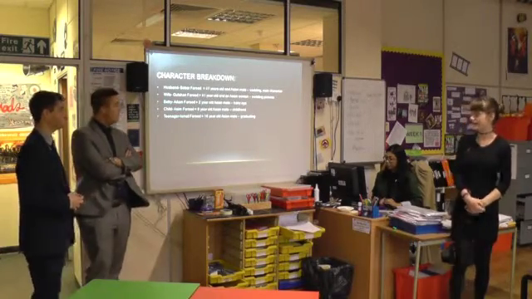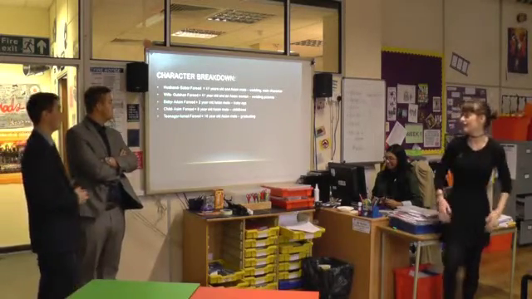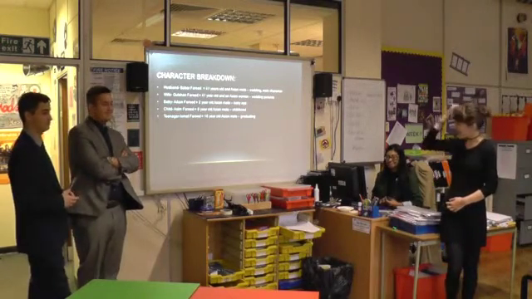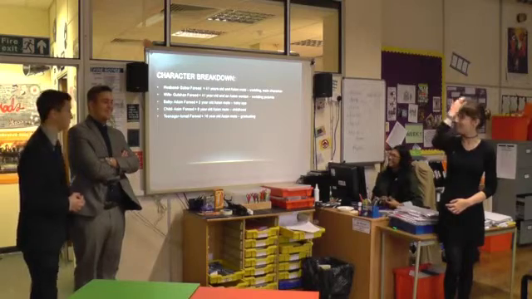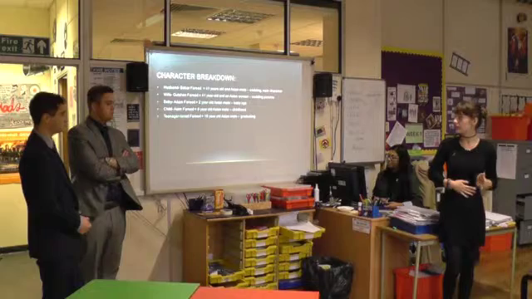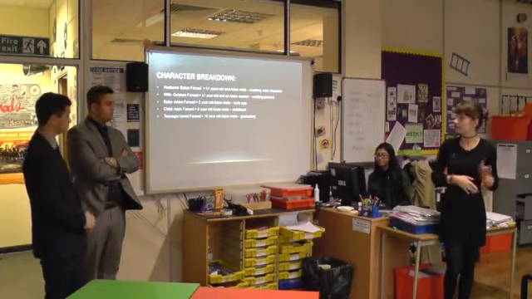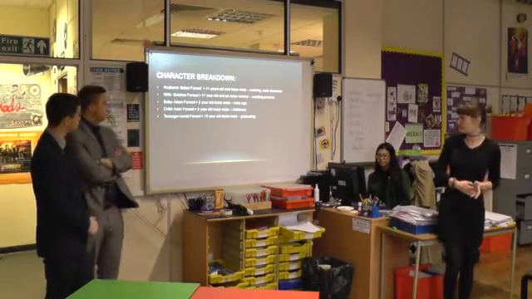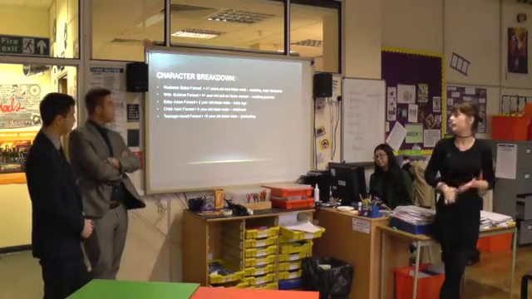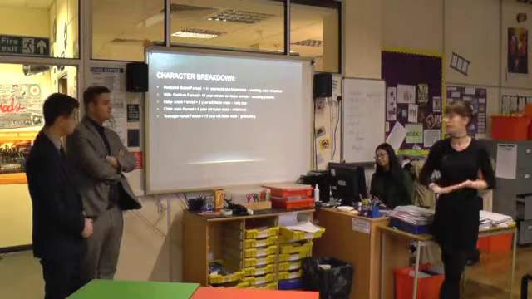So, character breakdown. We have basically cast the entire family of Amirahs, and to show development of one character, we've used a range of people: a baby who is 2 years old, a child who is 8, a teenager who is 16, and then a wife and a husband, both 41.